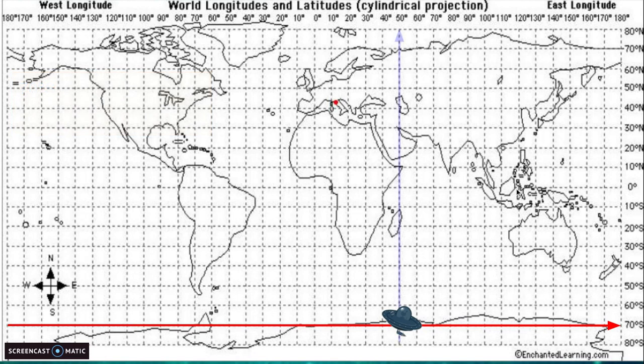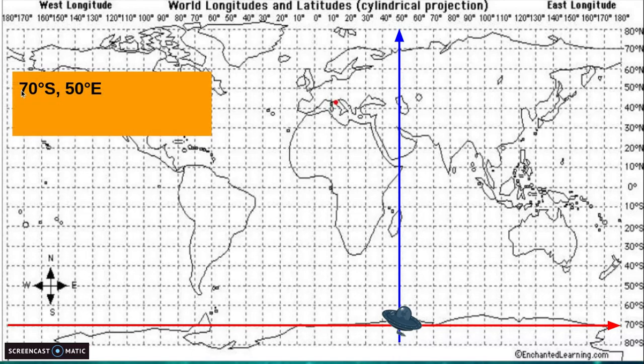Let's find his longitude. He is at 50 degrees east. So we write it as 70 degrees south and 50 degrees east. That is his latitude and longitude. That is his absolute location on Earth. So we are able to find Fred now. Remember, latitude, comma, longitude. And don't forget to remember your degree symbol because latitude and longitude are measured in degrees.